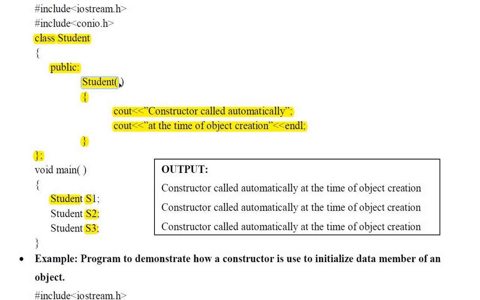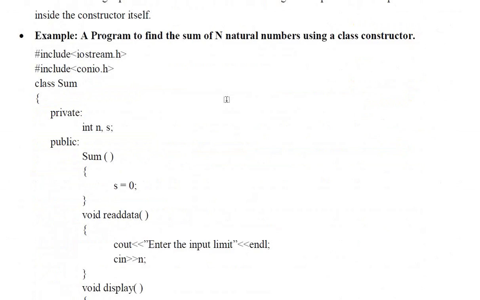Why? Because it has zero parameters. Student, opening parenthesis and closing parenthesis, inside the parenthesis there is no parameter or argument. So any constructor with zero parameters is called a default constructor.